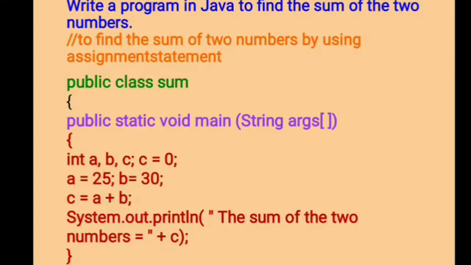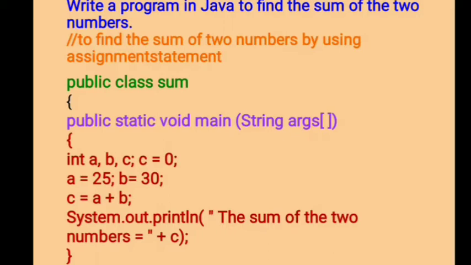Then is your main function, public static void main string args, and then you declare integer data type variables a, b, and c, and initialize c is equal to 0, where you will store the output.